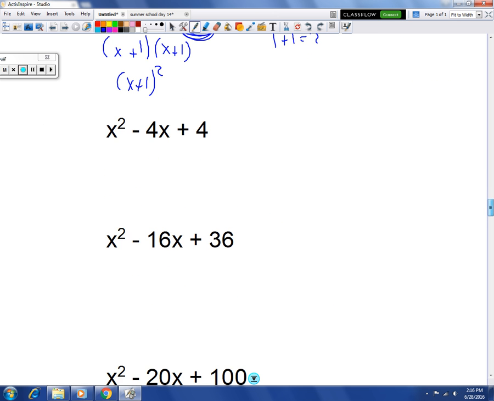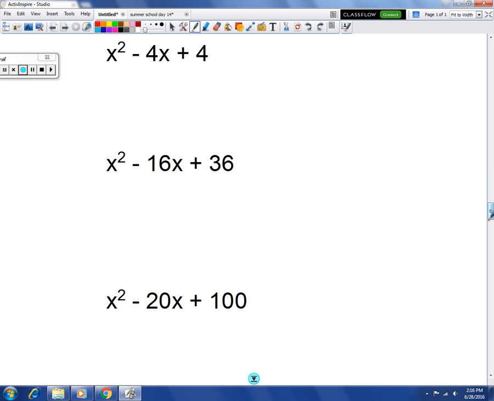I've got a few more of those, just to be thorough. Is that a perfect square trinomial? Let's see. The square root of 4 is a positive 2, and 2 times 2 is a positive 4, but that's a negative 4. So we have to add a little idea to our rule. If it adds up to the positive or negative version, it works.